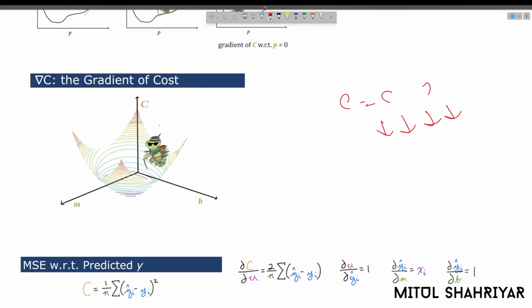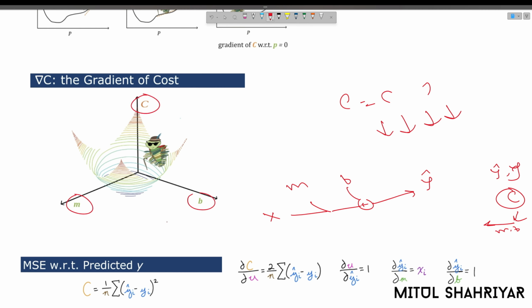So if we have C, as mentioned earlier, if you recall or check the video I previously mentioned, depending on m and b, we get some y hat, and y hat is combined with y, and then we get C. We use the gradient, and then we get the values of m and b, and then again we repeat the process. Some sort of x, then we do the addition, and we get y hat. You can see we have C, we have m, we have b in different places, right? Interesting, right?